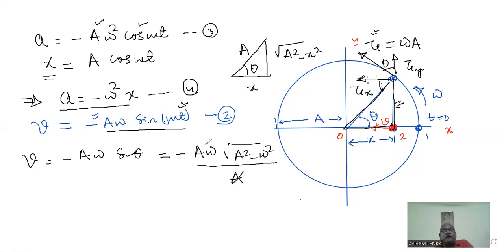So thereby we'll be having minus omega into root over of a square minus x square, in terms of position, not in terms of angle. So that is one of the formulas for velocity, and you can take that as equation 2 dash.